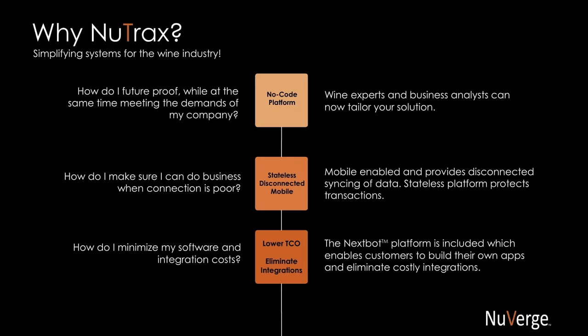With your purchase, you would also get the platform itself to build your own mini apps. Now we could build those for you, or you could enable yourself to build those. The point is it's now enabled, and you can minimize your software costs. You can even eliminate integrations over time. You may include integrations initially because it's a phased approach, and then eventually eliminate those integrations by going point to point, not having to go through a middleman.